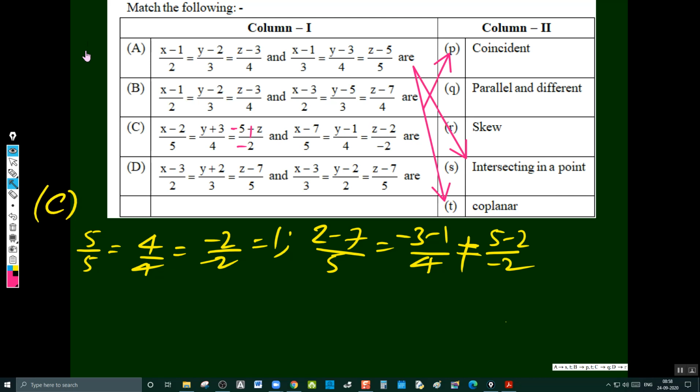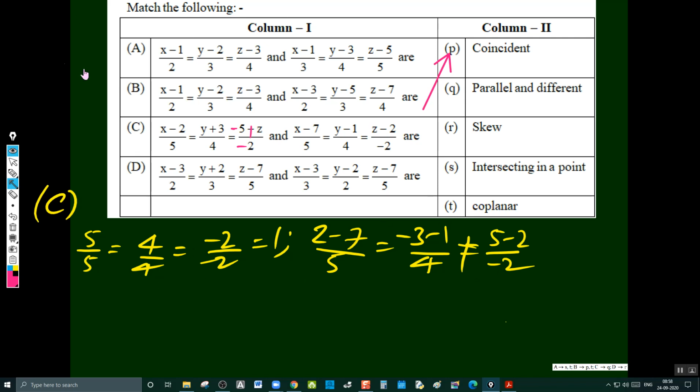Now coming to this part here, you can see that the first point lying on the first line, 2 minus 3, 5, is not satisfying the second line. That means there is no intersection here. But confirmedly they are parallel.